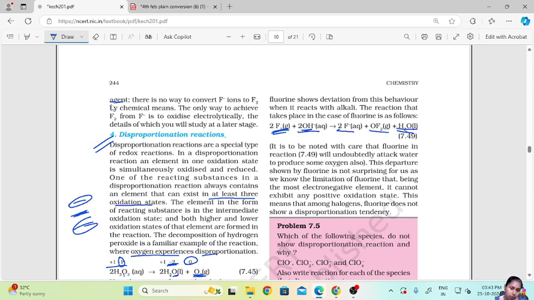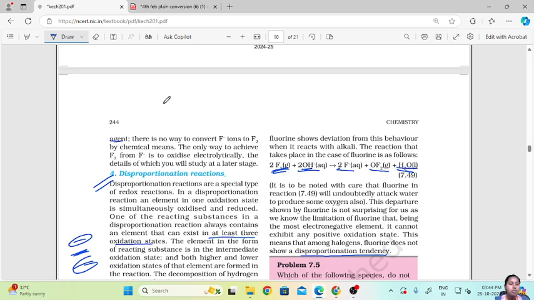So being an electronegative element, it cannot exhibit a positive oxidation state. Now this means that among halogens, fluorine does not show a disproportionation tendency. So this reaction also proves that among the other halogens, fluorine is an exception which doesn't show a disproportionation tendency.